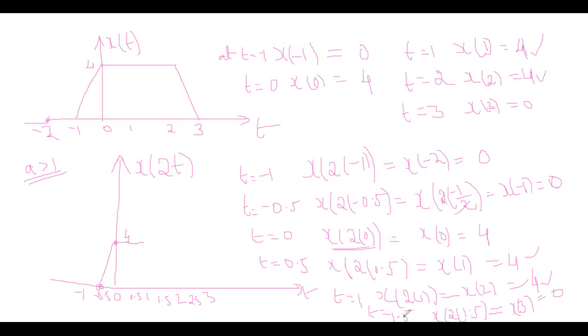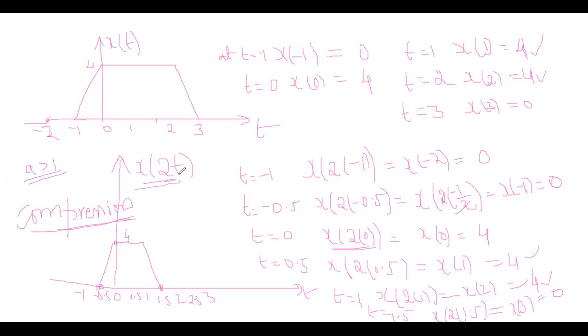So at 1.5 it becomes a 0. See, now comparing these two, the signal is compressed. The signal is compressed to 0.5 and here it is 1.5. So when A is greater than 1, compression occurs. Alright, my dear students.